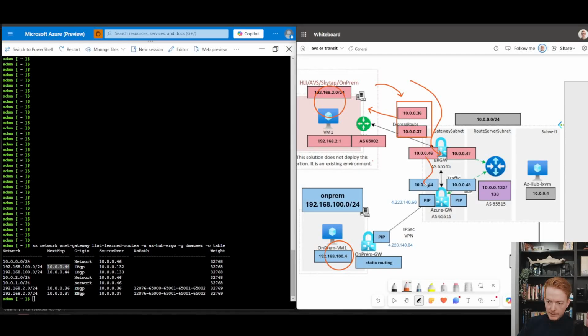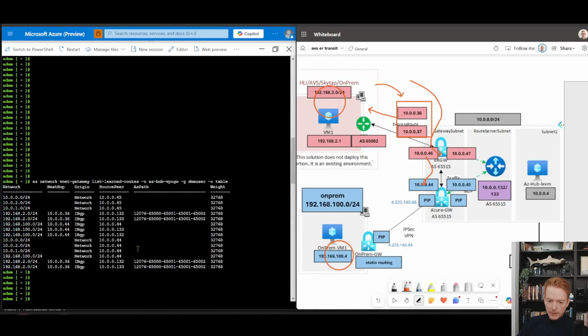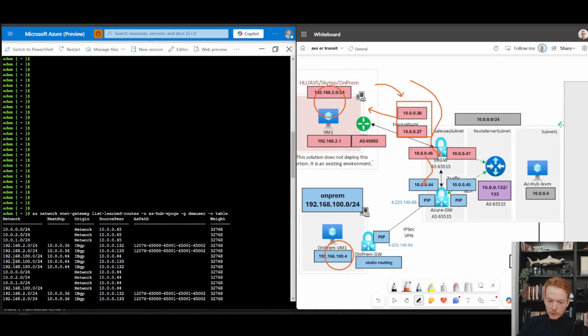It puts it on the wire destined here. And then the VPN gateway routes it as per its routing table, which is all of this information here, which we know is generated from the LNG config, statically routed down that single tunnel back to on-prem.